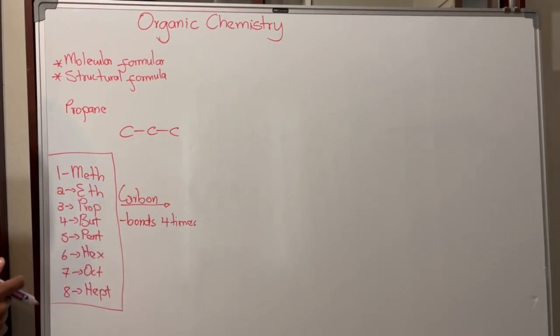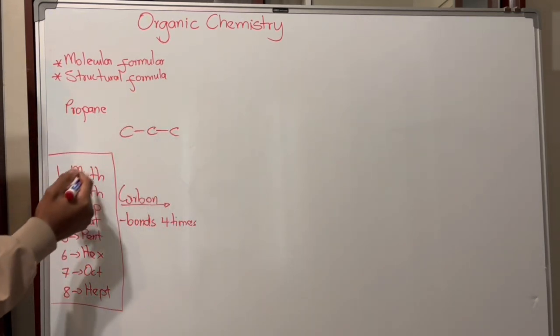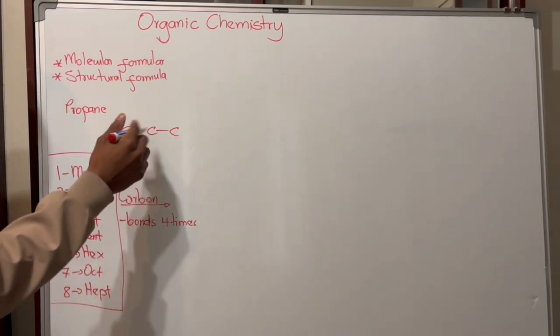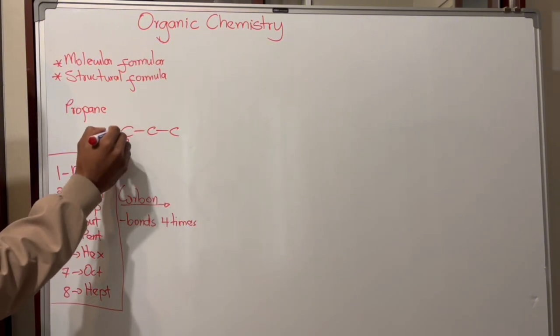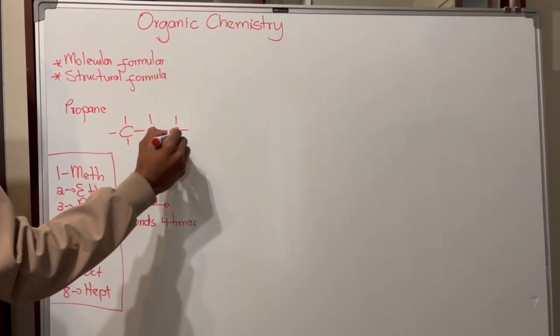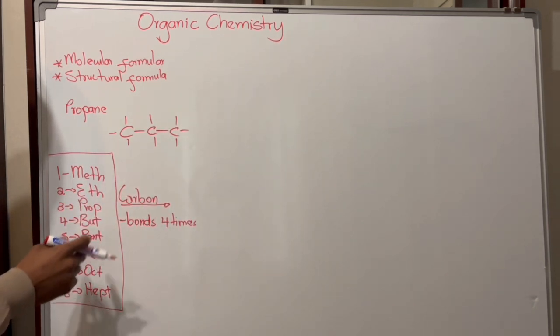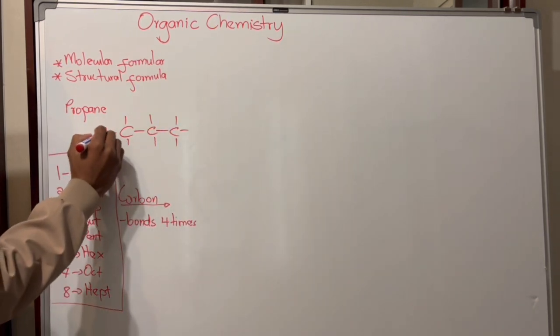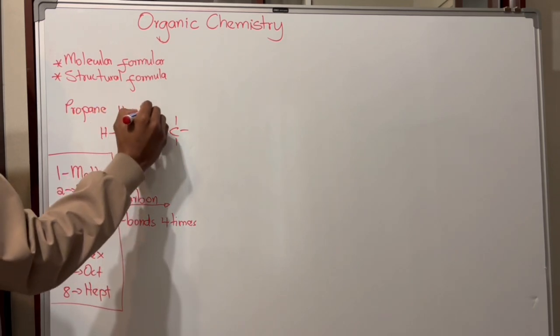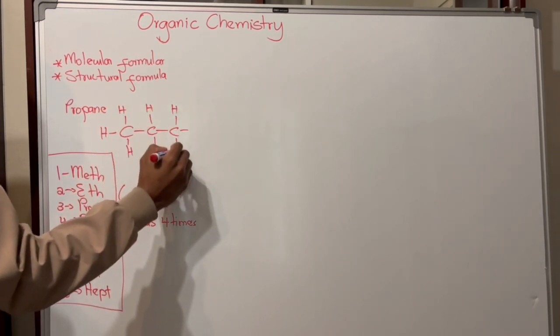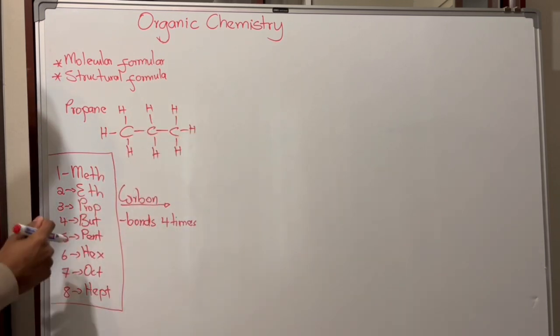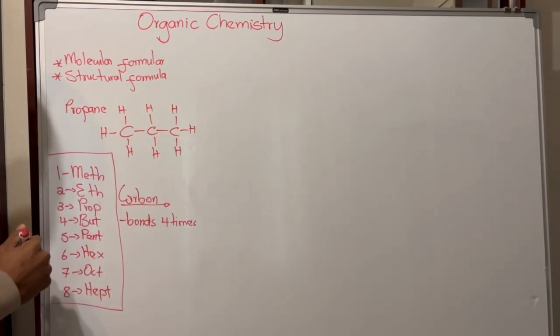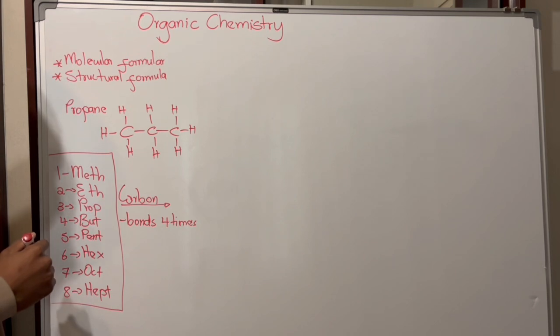It can form single, double, as well as triple bonds, but we'll talk about that when we get there. So now we need to fill this. Because carbon bonds 4 times, we will fill the remaining bonds with hydrogens. So we're going to put hydrogen, hydrogen, hydrogen, hydrogen, like that. And that's the structural formula of propane, right?